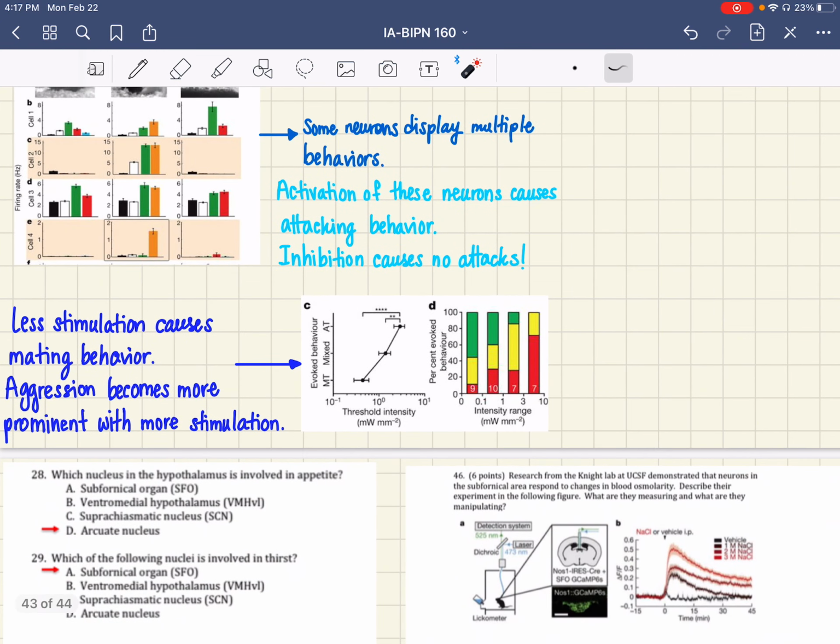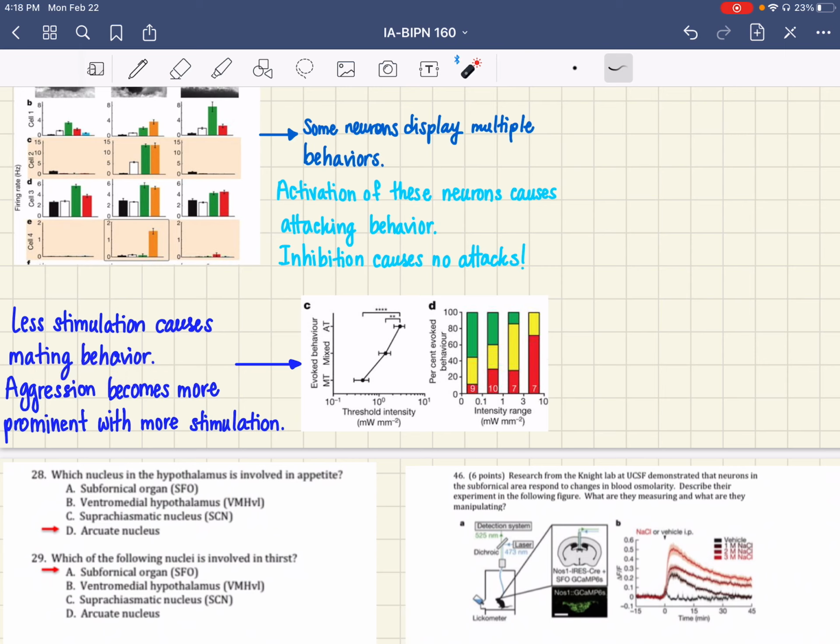Okay. And the last experiment or study that we should talk about regarding these neurons in the VMH is that even though the same neuron can display multiple behaviors, the conditions for those behaviors are different. For example, if we stimulate a neuron in the VMH to a lower frequency, this causes mating behavior.